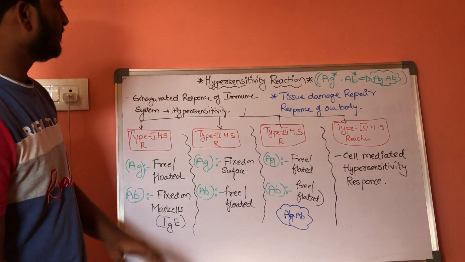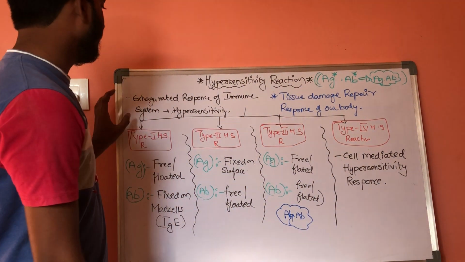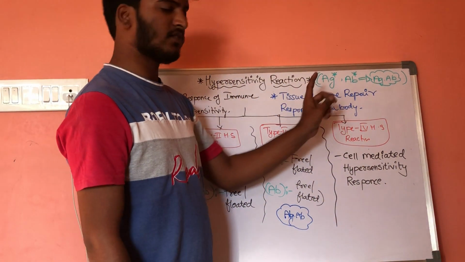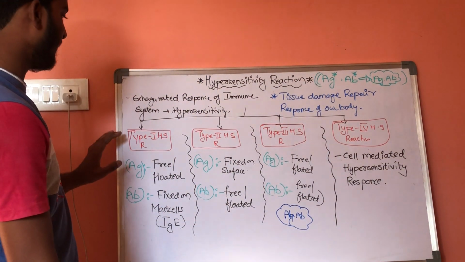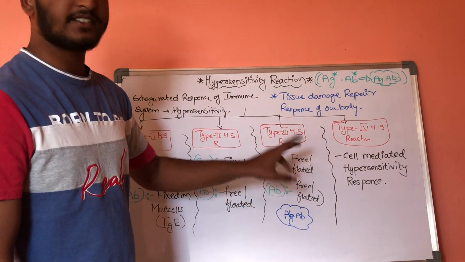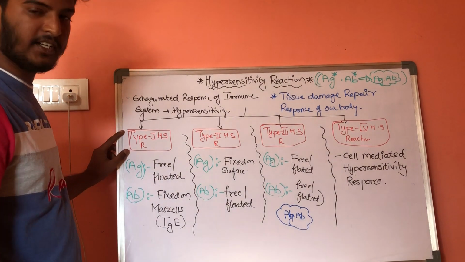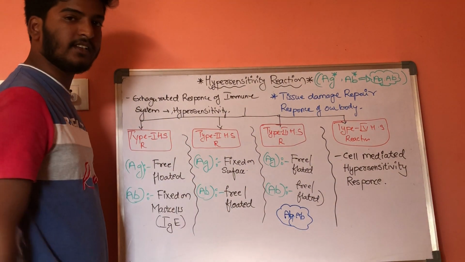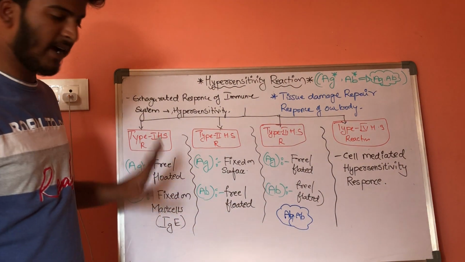So this is about the basics of hypersensitivity reactions: it is the tissue damage repair response of our body, and it is classified into 4 forms: type 1, type 2, type 3, and type 4. In type 1 hypersensitivity, the antigens are free and floating in the serum and antibodies are fixed on mast cells.